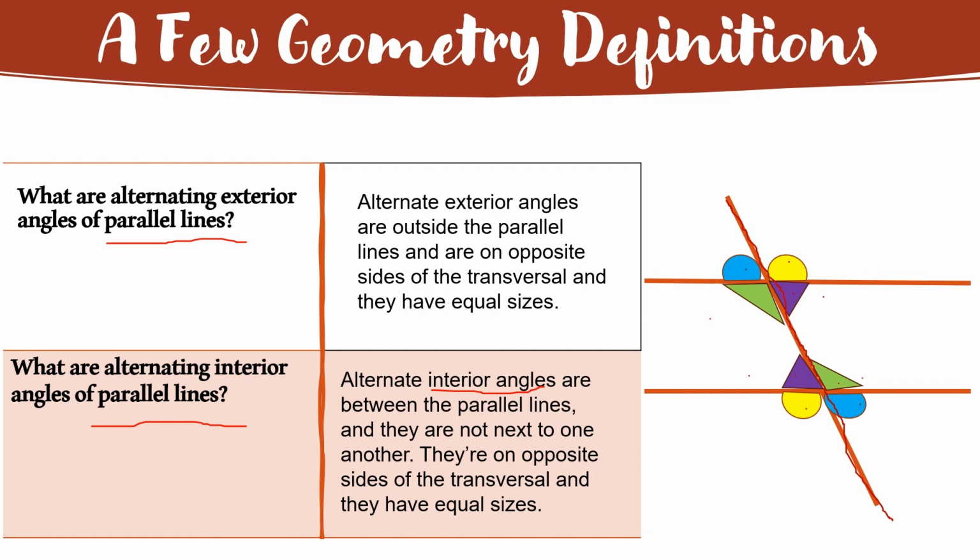So if you get a problem and it tells you that this is a, let's just say 100-degree angle, then you automatically know that this one would be a 100-degree angle because they're equal.